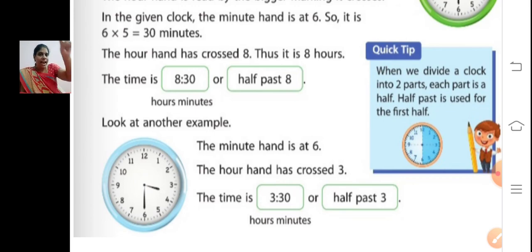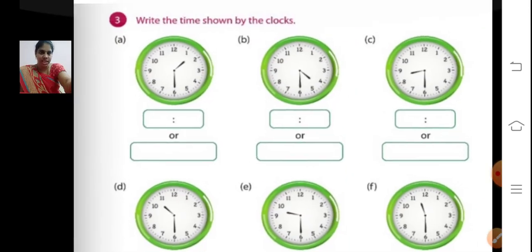Yes, if the minute hand crosses the full circle. So 1 hour is equal to 60 minutes. So if it crosses that full circle, then it will move to the next hour. Clear, children? 1 hour is equal to 60 minutes, and the minute hand is faster than the hour hand. And you know half past, quarter past, we'll do the sums now.